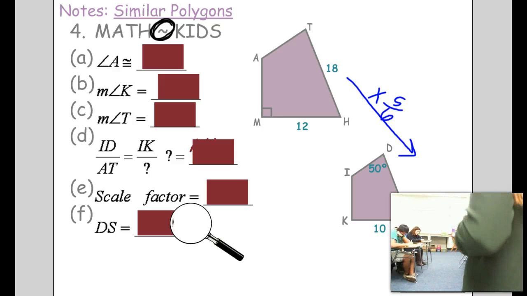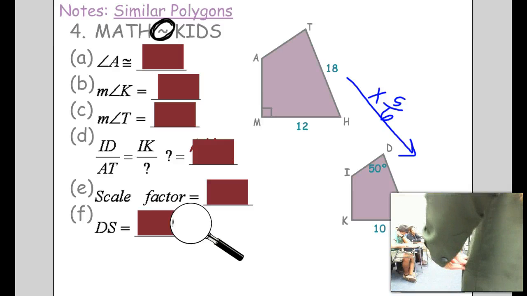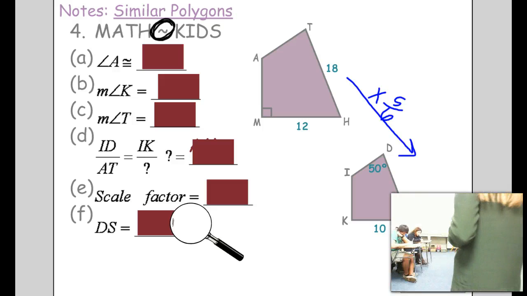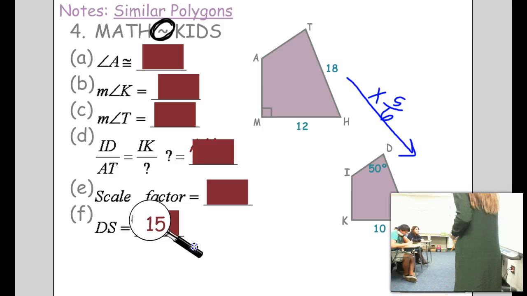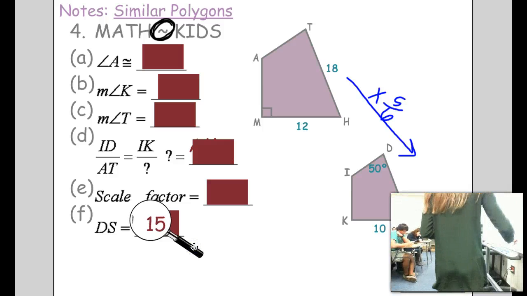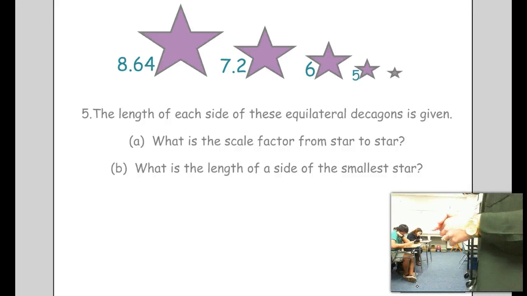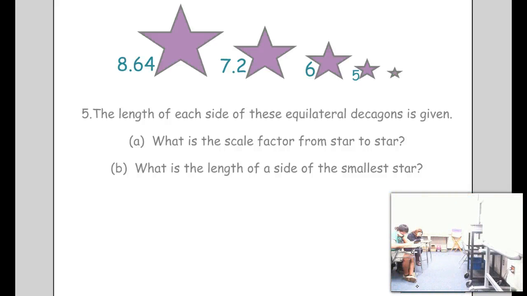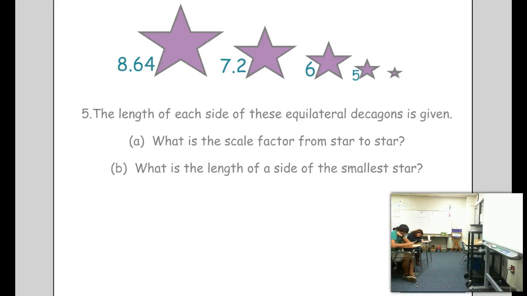And tell me what you get. 15. Very nice. All right, moving on. The answer was 15. We used our fancy new scale factor and we multiplied.